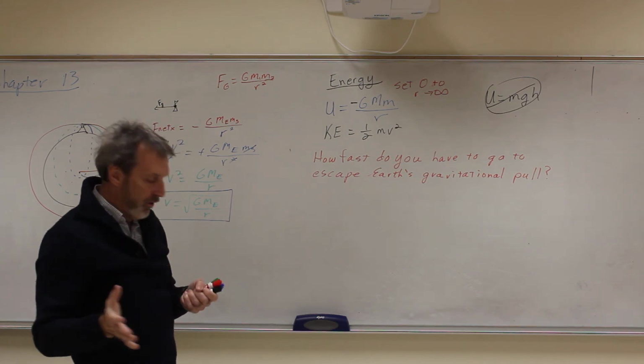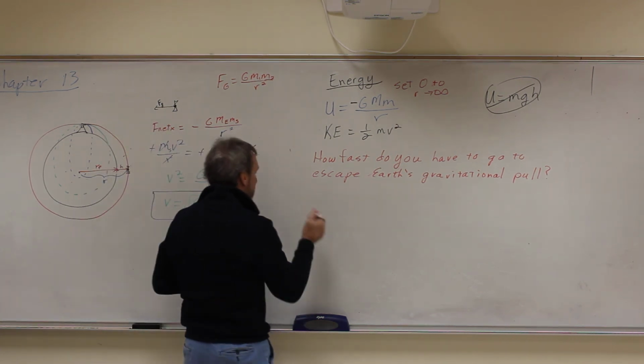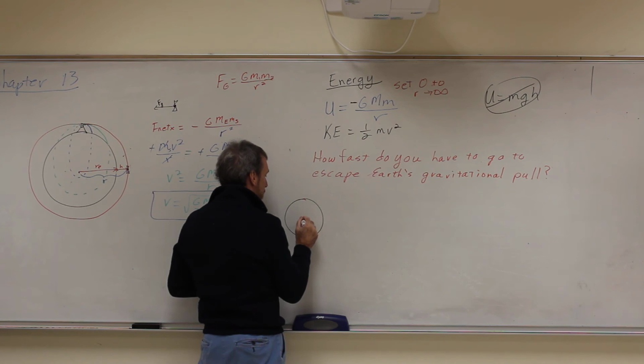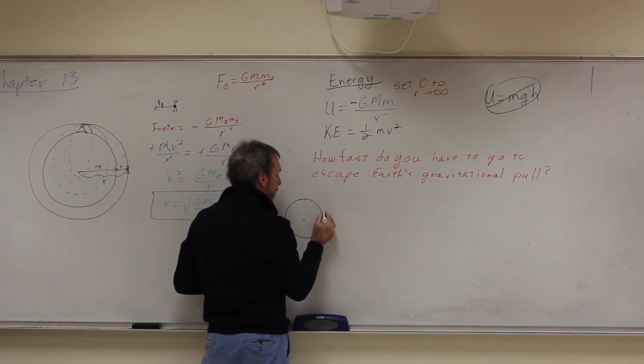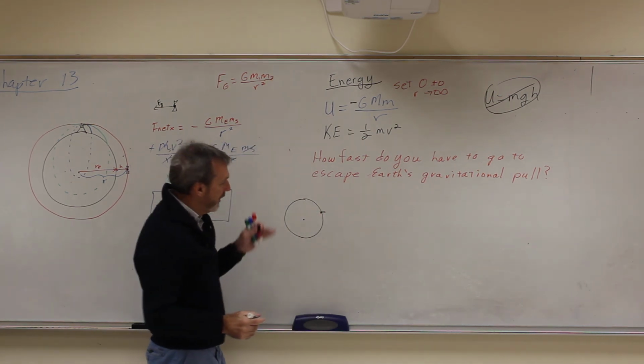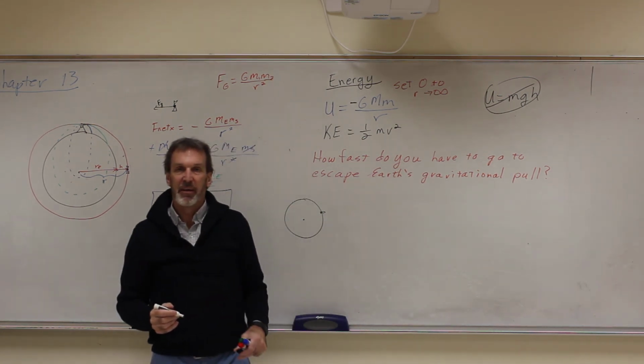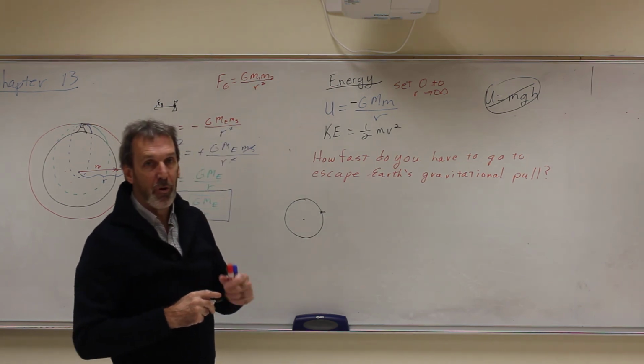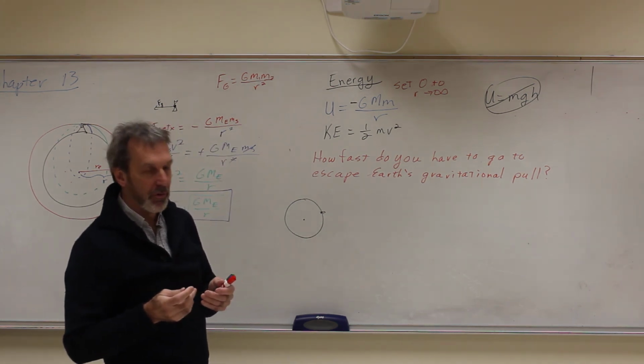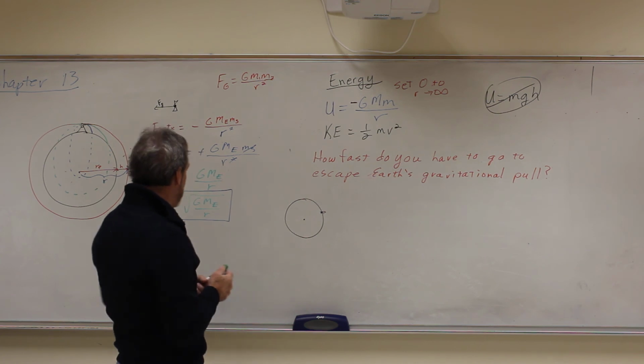This is not hard to do. We're going to say, okay, here we are. We got our rocket sitting on the surface of the Earth. We need to know how fast we go so that we're not stuck in the Earth's orbit or anywhere close to Earth. We get away from Earth's gravitational pull.